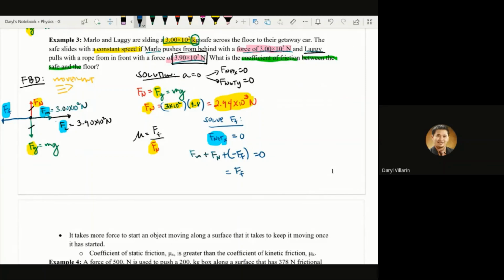FF is equivalent to the sum of FM plus FL, sorry, not Fn, but FL, force by Laggy. So the sum to the right, FM and FL, should be equal to the sum to the left. The sum of those will give you the magnitude of the friction force.